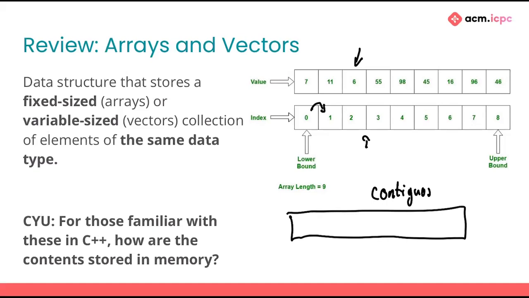Those of you from CS31 and CS32 will be familiar that the location of element 0 plus 2 times the element size is going to point to this 2. So we can directly reference the location of those memories, and that's what an array is doing when you give it an index. That makes it really fast to access elements at any point in the array.